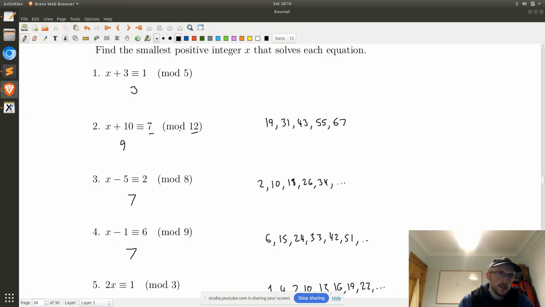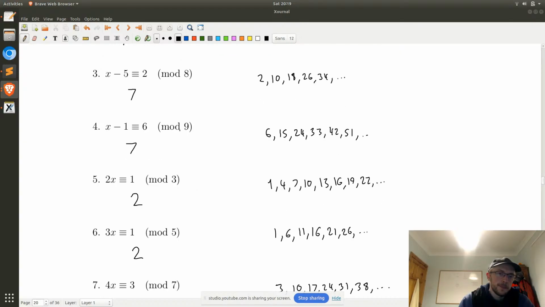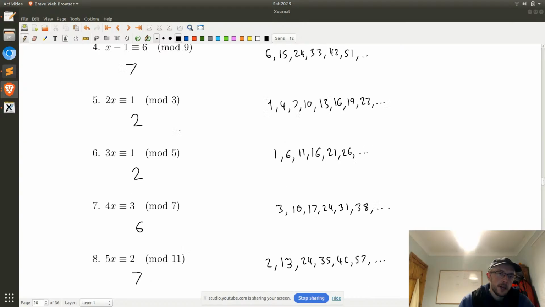You just subtract 10 from both sides, you would get -3, and then you do modulo 12, so you get 9. I didn't know this.